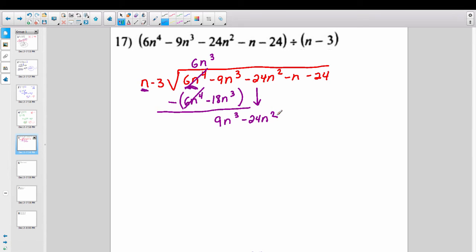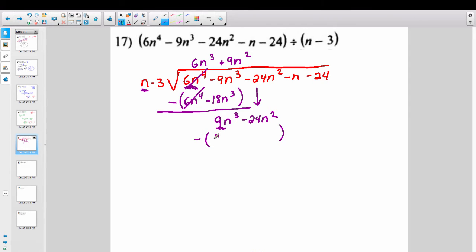Again, first terms only. How do you go from n to 9n cubed? I would say you'd multiply by 9n squared. Take this 9n squared and distribute it to the n minus 3 in parentheses as a subtraction.